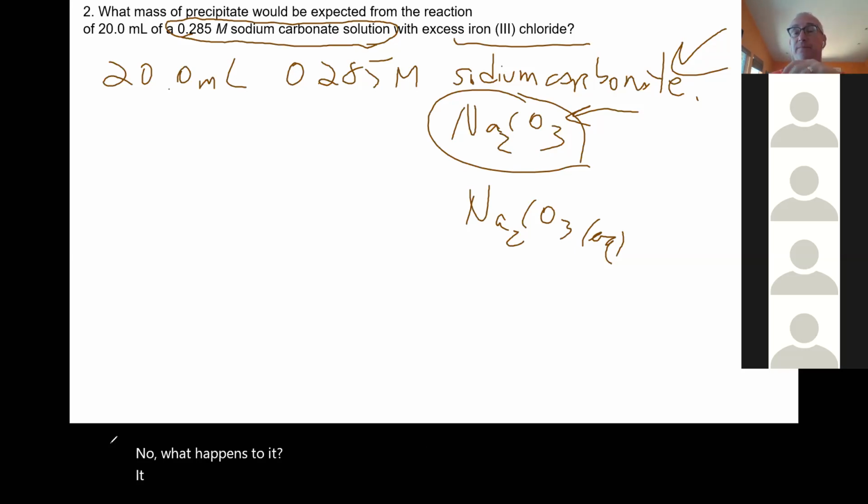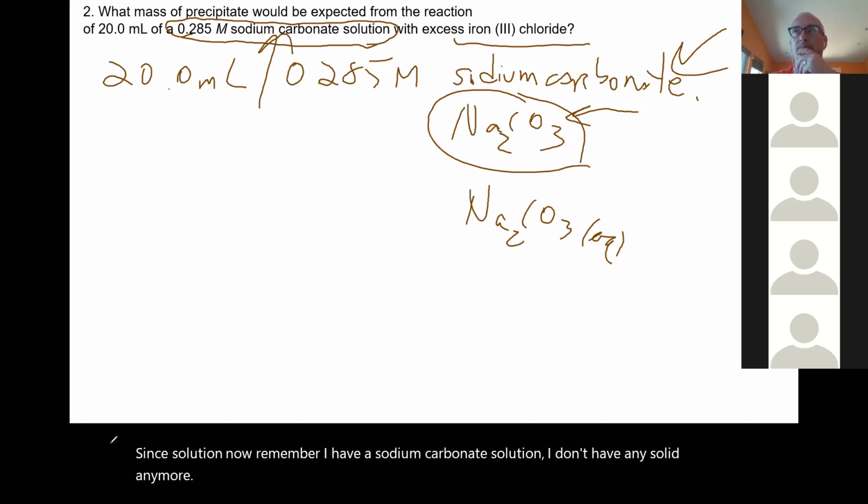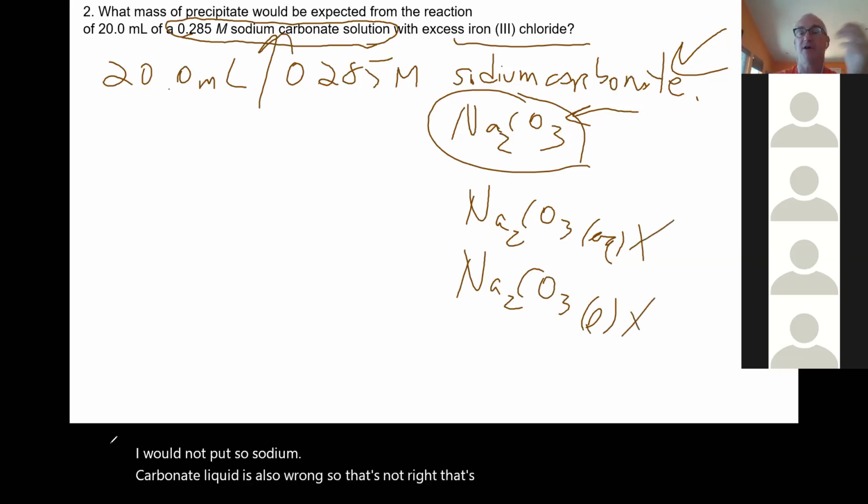When I drop it in solution, it's no longer a solid. It's in solution now. Remember, I have a sodium carbonate solution. I don't have any solid anymore. Would it become a liquid? Nope. Sodium carbonate liquid is also wrong. And solid's not right.